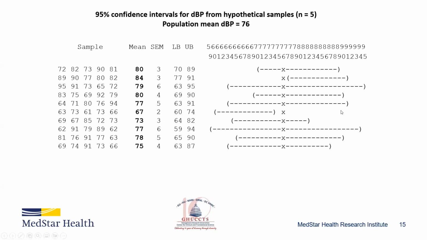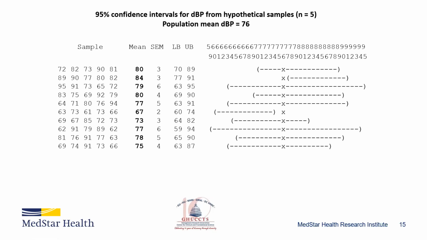Now, the question is, how wide is this confidence interval? And we can see that we can change that. If you remember, the formula for the standard error is the standard deviation divided by the square root of the sample size. So if we increased our sample size to 10, then our standard error of the mean would be smaller.